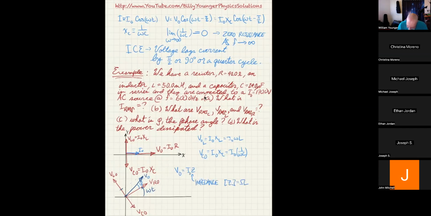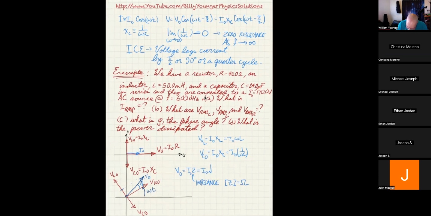So it's going to be I0 times Z, which is in fact I0 times the square root of R squared plus XL, because XL tends to pull it ahead, minus XC, because XC tends to pull it behind. That's got to be after the minus sign. I just did a bad job there, so I'm redoing it. And that will be squared like so.